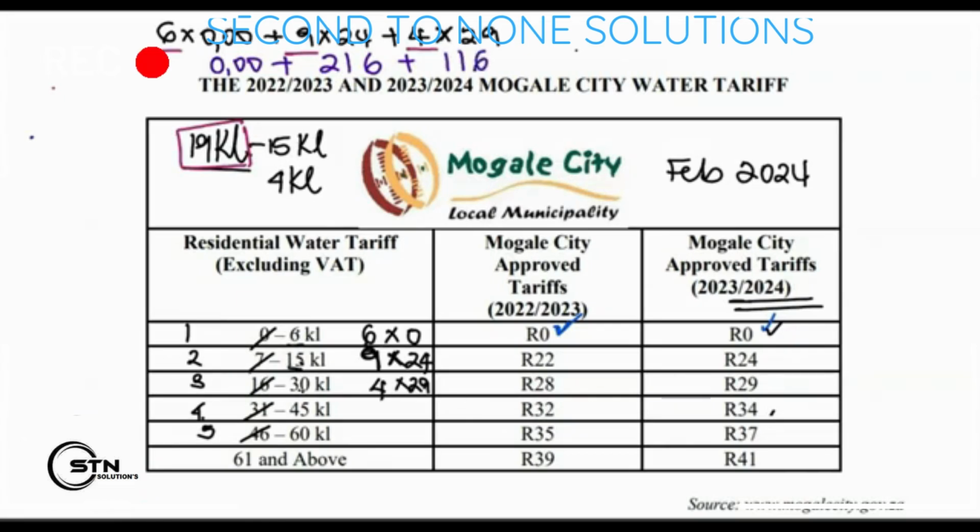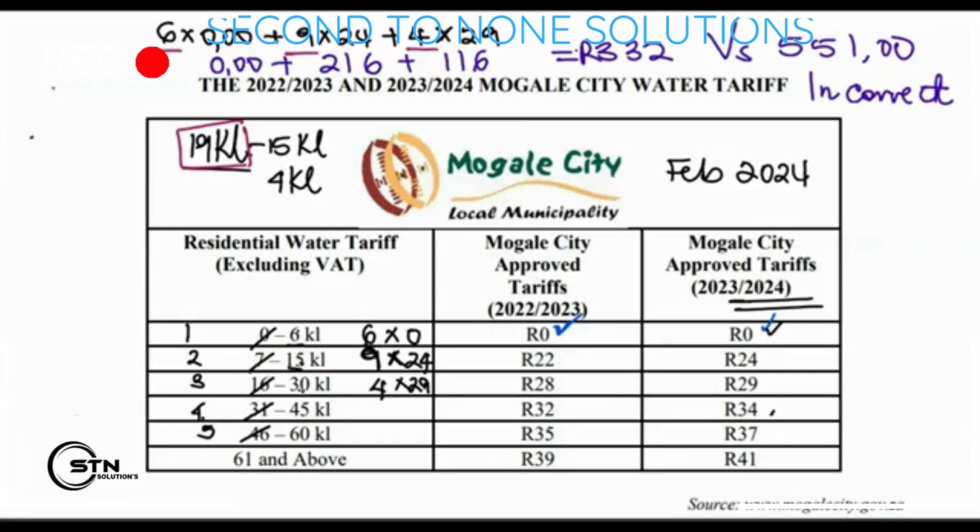So we shall say 216 plus 116. So we end up having the answer as 332 runs. Remember, she said they were going to spend 551. So her conclusion is what? Her statement is incorrect. Or you might say it's wrong. You might say it's not valid, which is invalid.